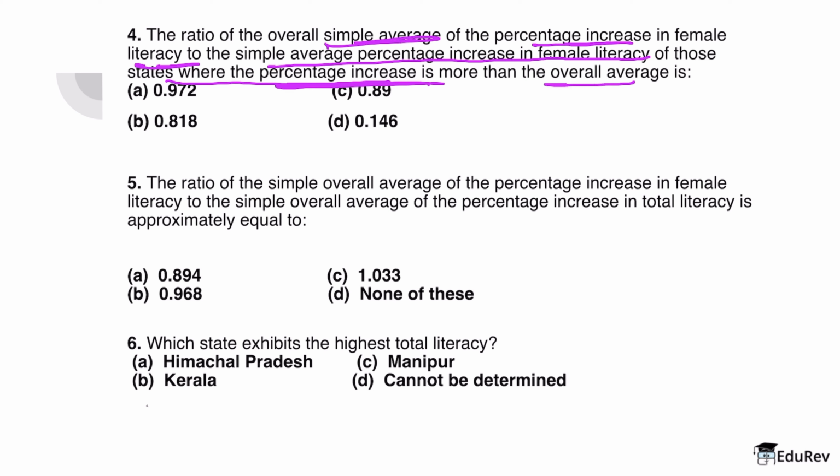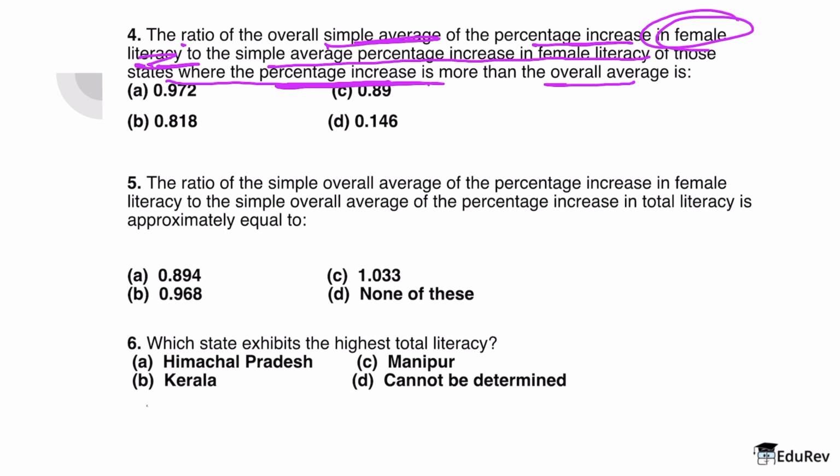So, let's read this once more and then we are going to solve it. The question says: the ratio of the overall simple average of the percentage increase in female literacy to the simple average percentage increase in female literacy of those states where the percentage increase is more than the overall average.